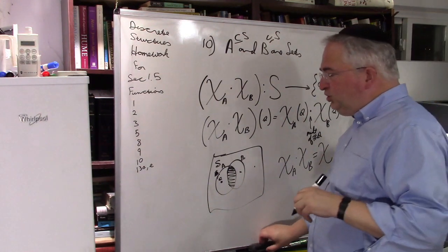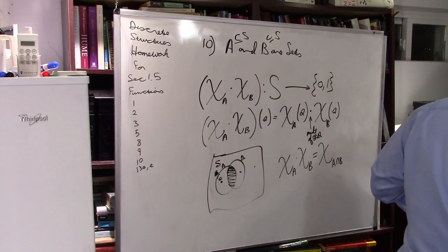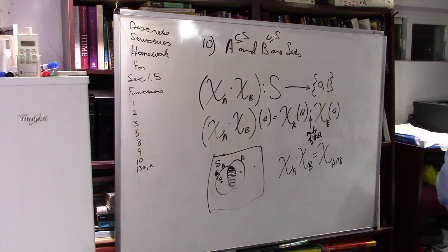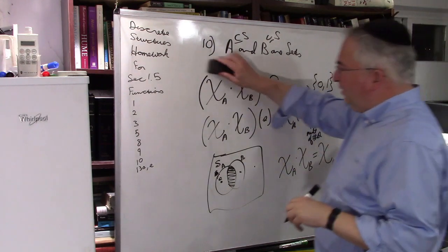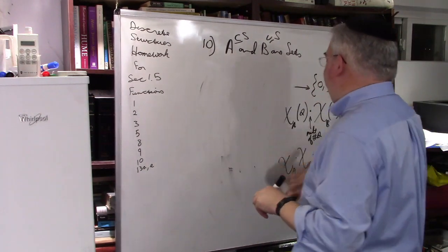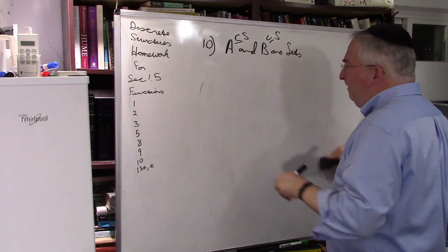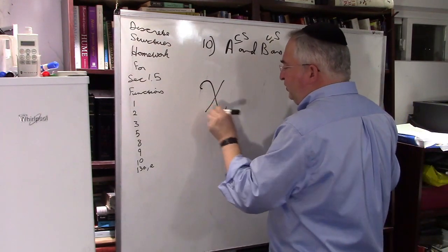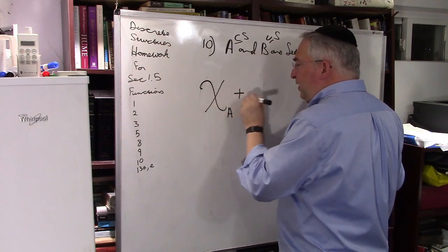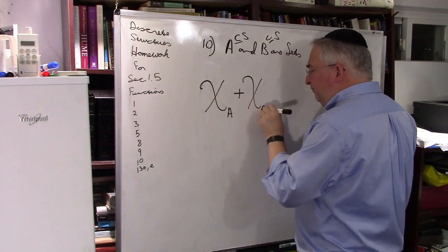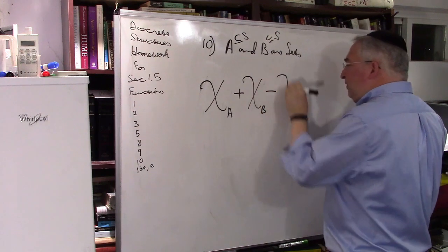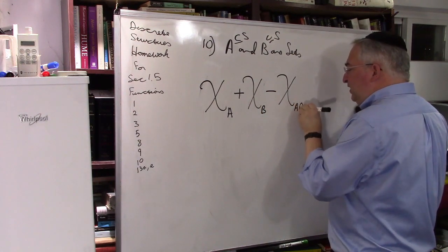Great. Let's do another problem. This is number 10. What about this? A plus B minus A intersect B. What is the characteristic function of A plus the characteristic function of B minus the characteristic function of A intersect B?